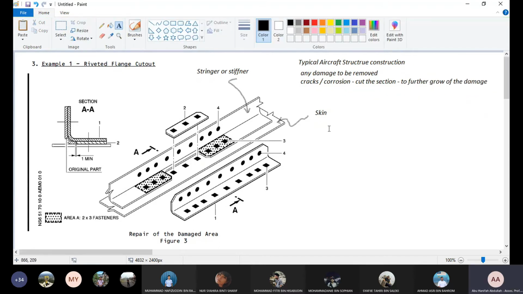As we cut them off, we have a problem because we lost area. Initially, we have this area, L. And then we remove this area. We cut it off.